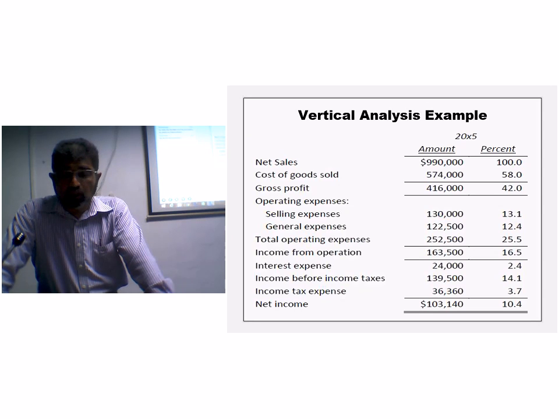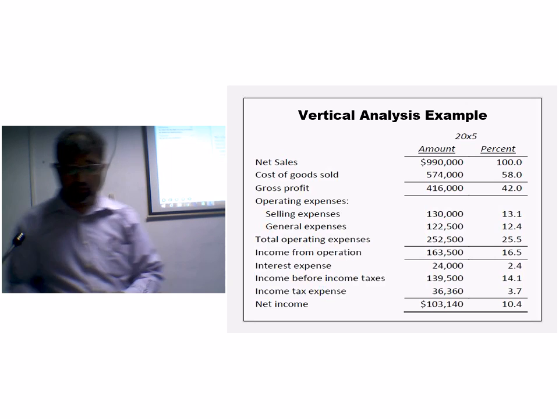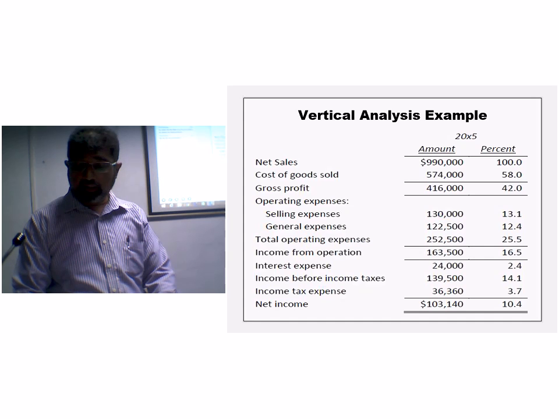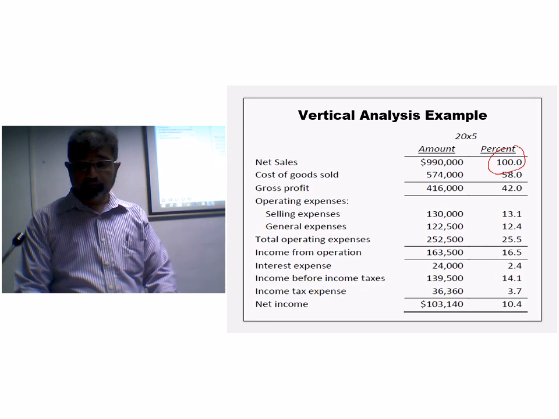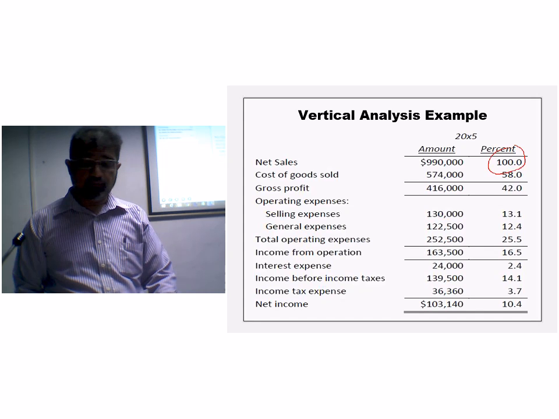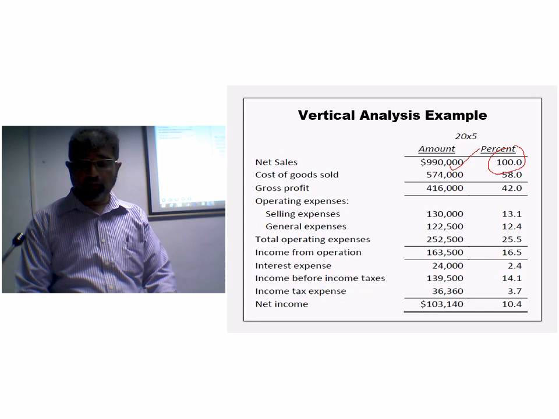Right now, if you have a single time period, net sales, you can convert net sales equal to 100. Then all other items you can arrange based on this net sales. Divide all the values: 574 divided by 990 into 100.